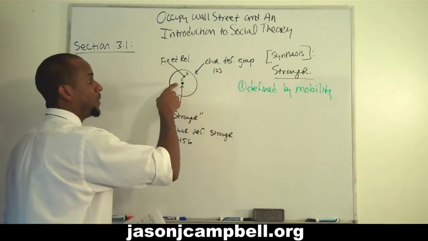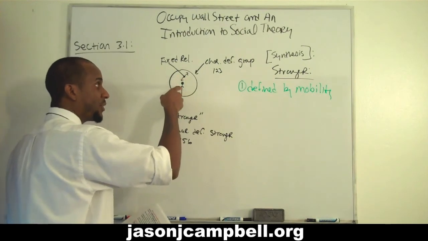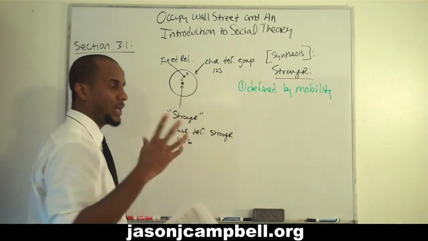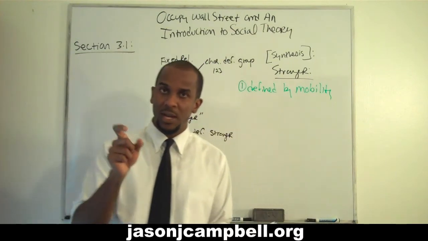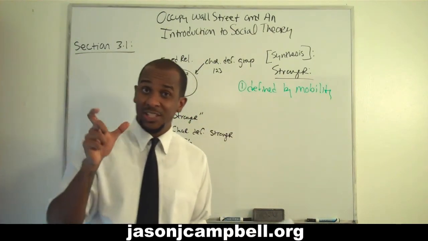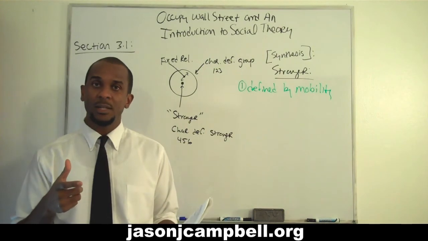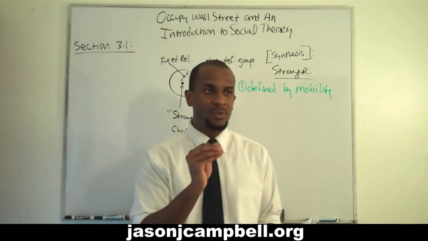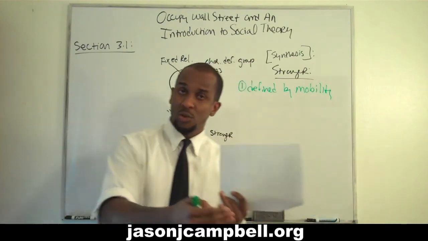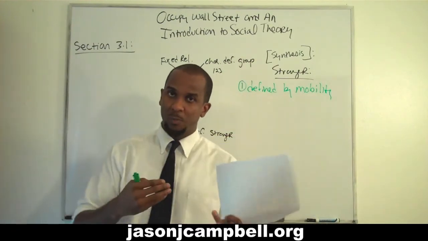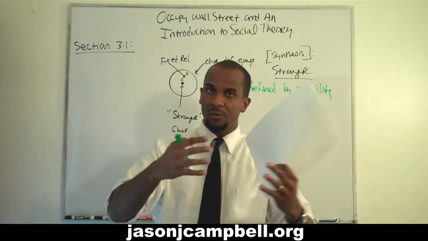In effect, the stranger is necessarily defined, at least in one part, by his or her detachment from the group. There is a sense in which we talk about the stranger because the stranger isn't a part of the group. There's a relationship that the stranger has to the group, but the stranger isn't part of the mass.